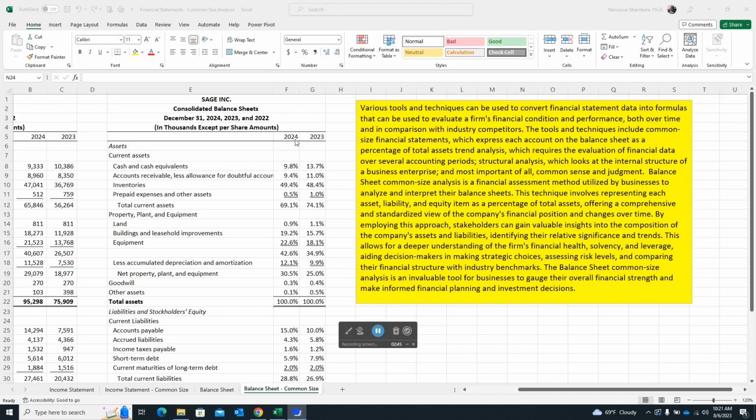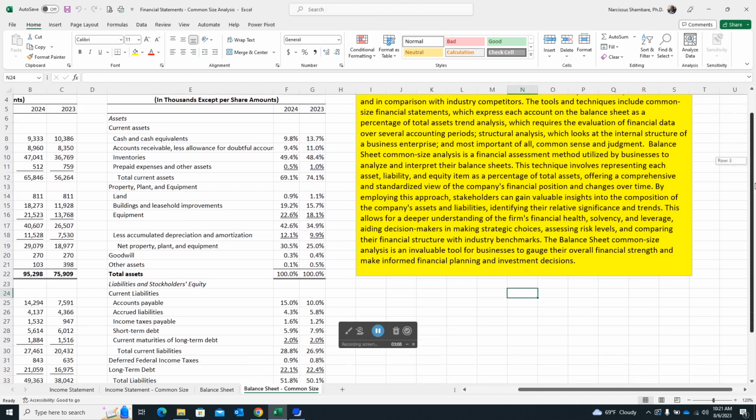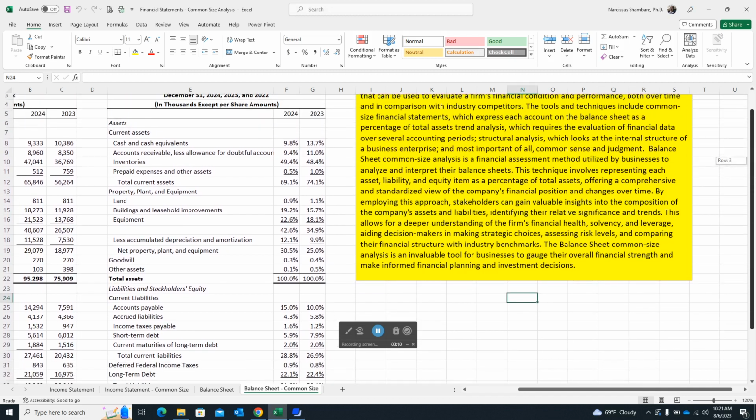As you can see, we are not in 2024, but we are assuming that this particular organization has already lived until then, right? So that really shows you that these are just some test numbers, just to give you a feel of how you can perform a balance sheet common size analysis. Now, without further ado, let's take a quick look and see how this particular organization looks.